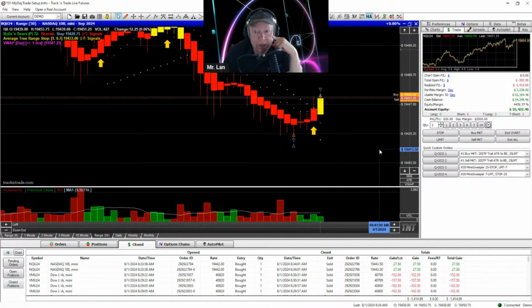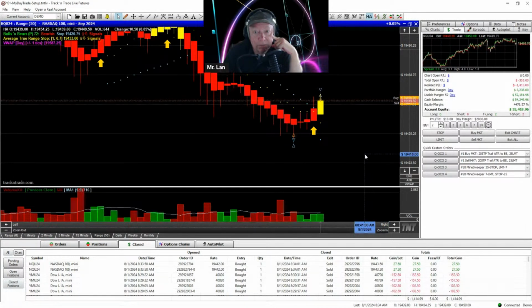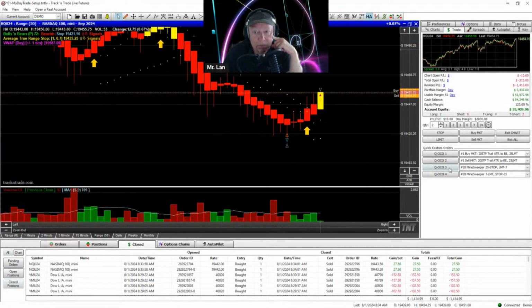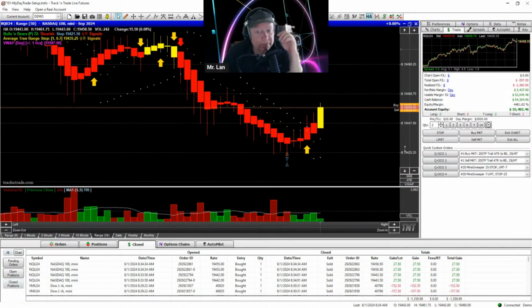So we want it to break higher and keep going higher by 7 ticks. So all it has to do is break higher 7 ticks.